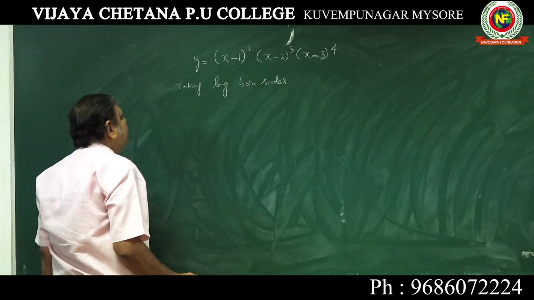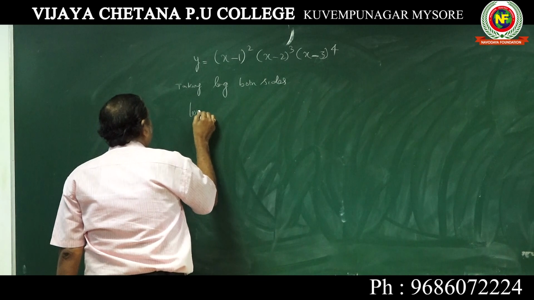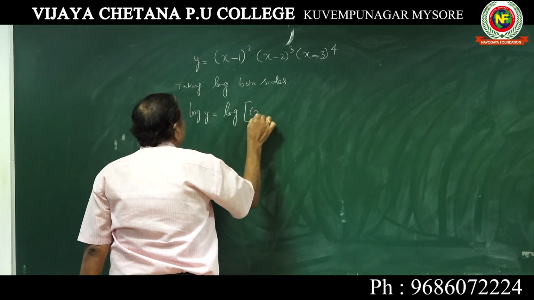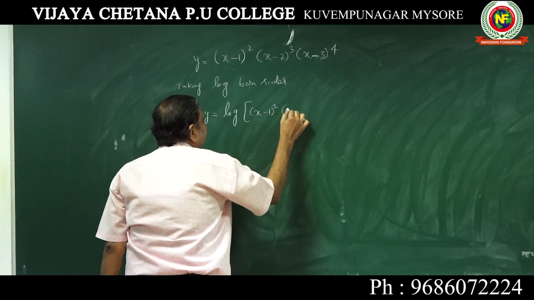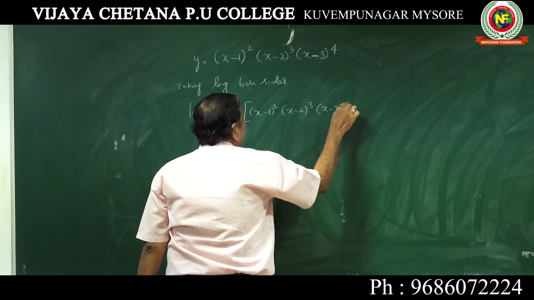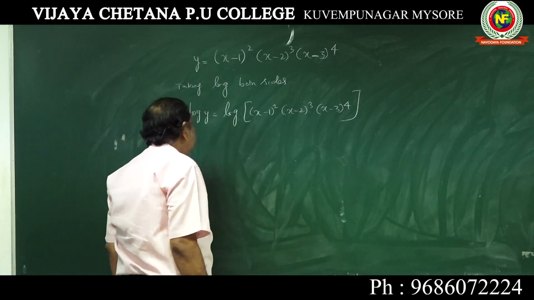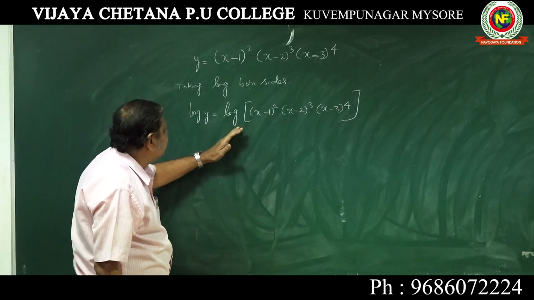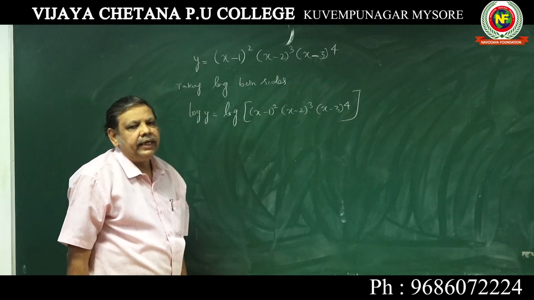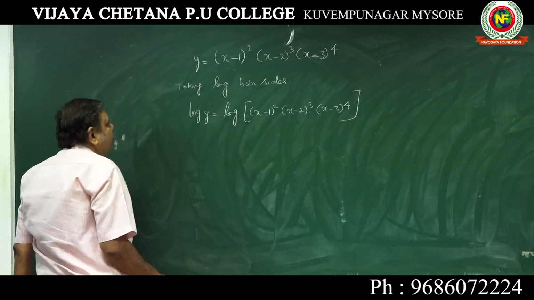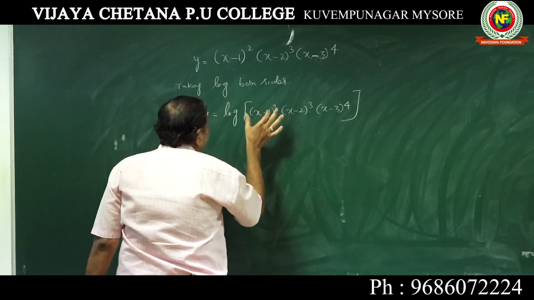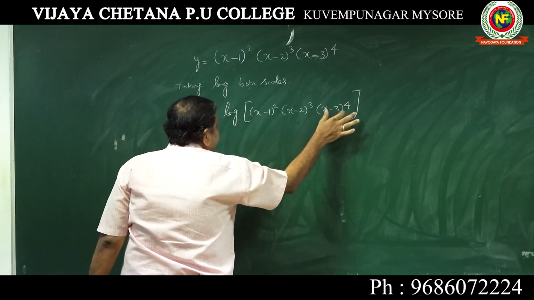Taking log both sides, now it is log y is equal to log of (x minus 1) whole square into (x minus 2) whole cube into (x minus 3) whole to the power of 4. I told you yesterday, log mnp is log m plus log n plus log p.